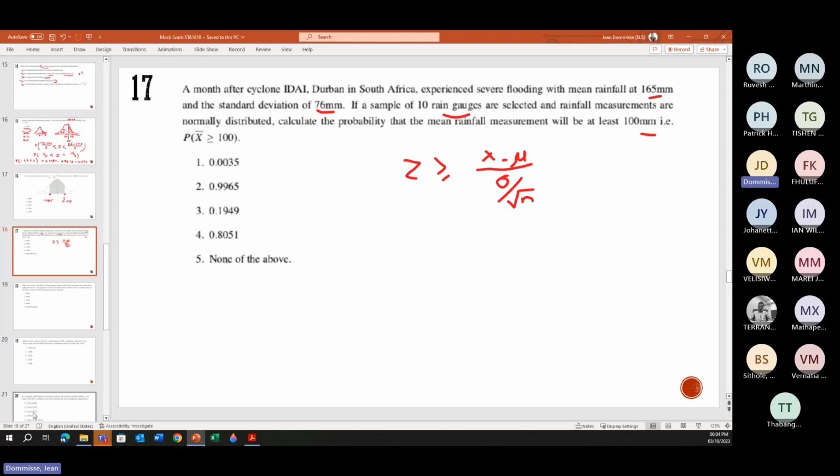Need to work out the Z, need to go to the diagram, work out Z, and look at it and say, well, if something is bigger or equal to 100, at the moment I don't know where that Z value is going to lie. It can be way on this side, or totally on the other side, because it's like two big numbers and two smaller numbers.